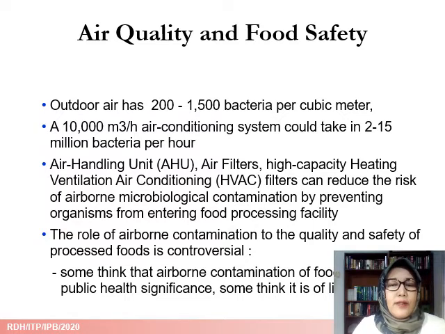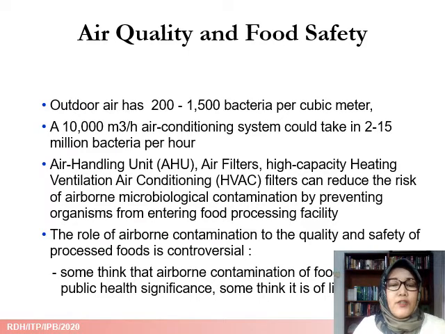Outdoor air has 200 to 1500 bacteria per cubic meter. A 10,000 cubic meter per hour air conditioning system could take in about 2 to 15 million bacteria per hour.